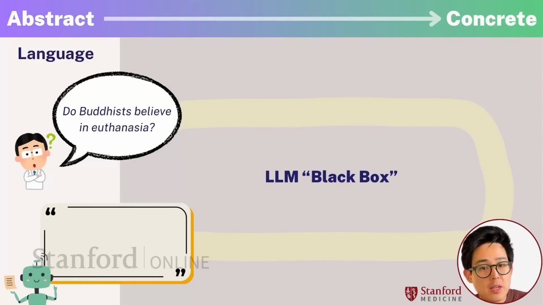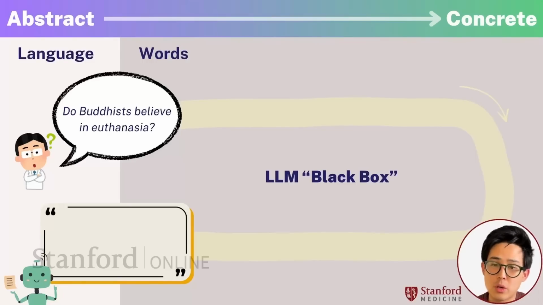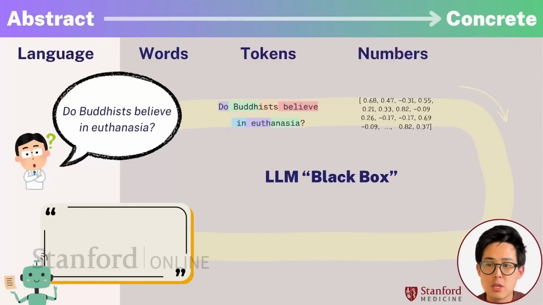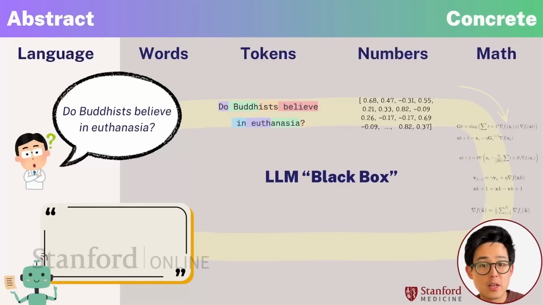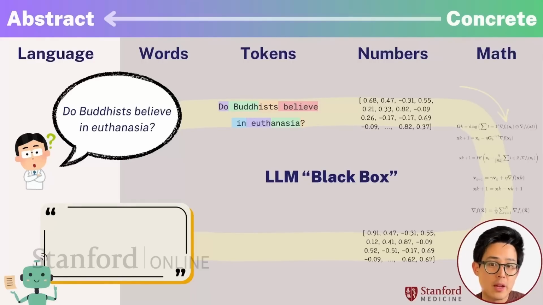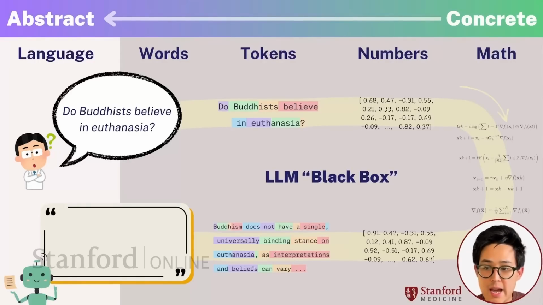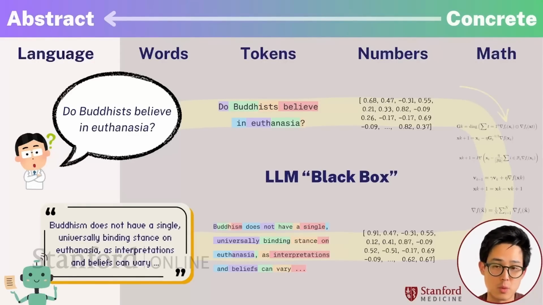And through the complex series of steps that we just described, the LLM begins to decompose language into increasingly concrete things, from language to words, words to tokens, tokens to numbers, and finally from numbers to high-dimensional math that computers can manipulate. And the transformation is then re-abstracted up through the layers until we get to the actual output that we see, which is the response.